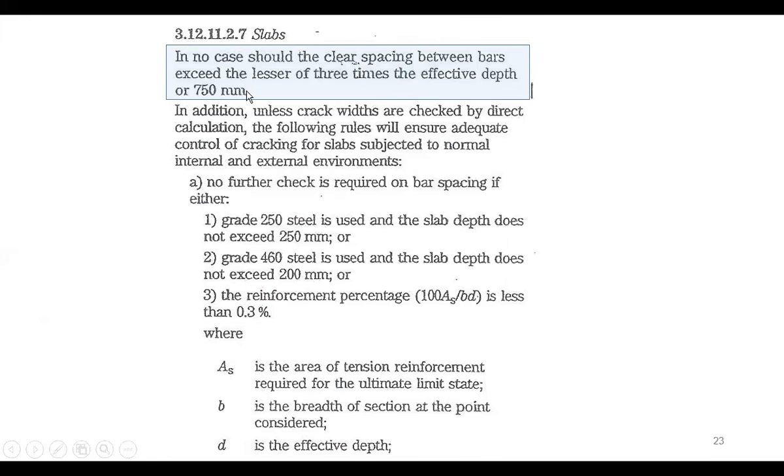So the maximum spacing allowed by the code is 3 times the effective depth. So it's 3 times D, or 750 millimeter. When you choose the spacing between your reinforcement, you should be sure that it will be less than 3D and also less than 750 millimeter.